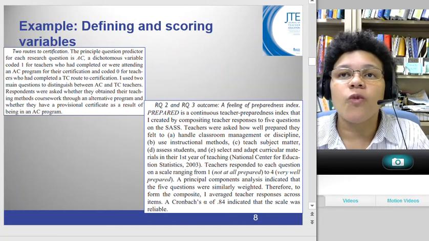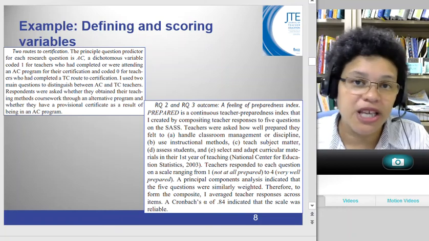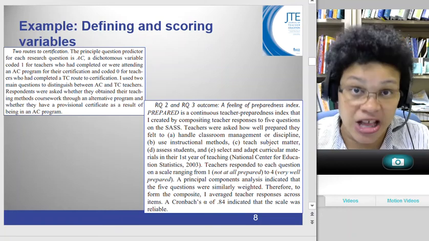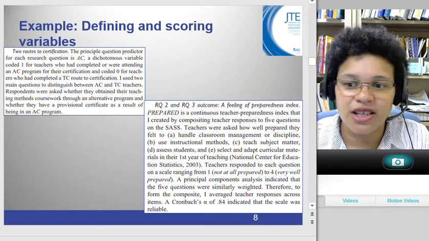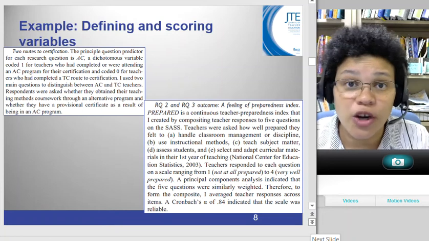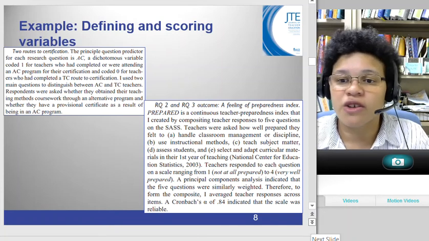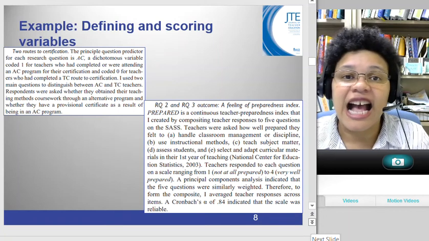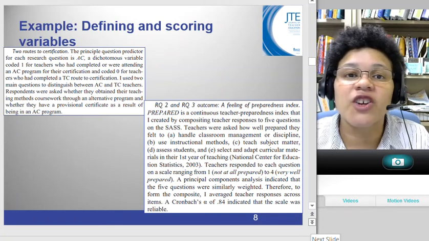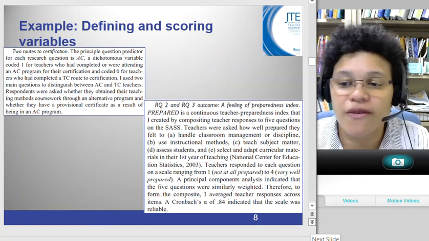Think about reading and understanding well enough that you could give a 5 minute speech on that article, that elevator ride discussion about that article. So basically, there were two groups, traditionally certified teachers and alternatively certified teachers, and I had figured out, based on their responses, how well prepared they felt in their first year.